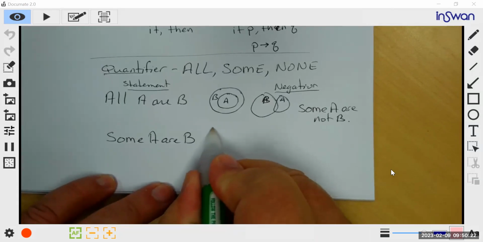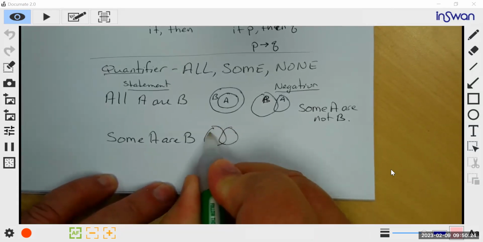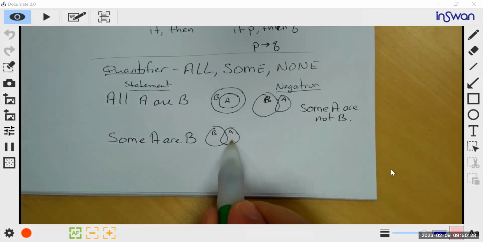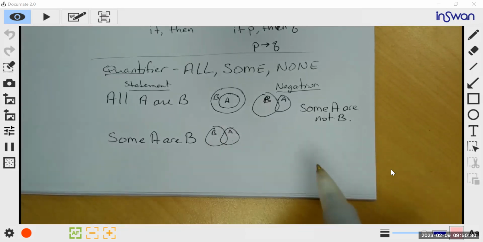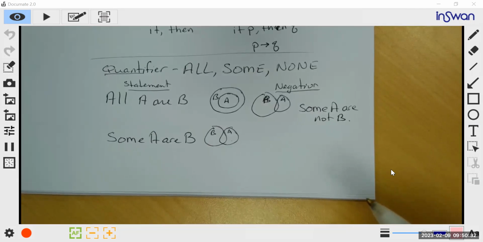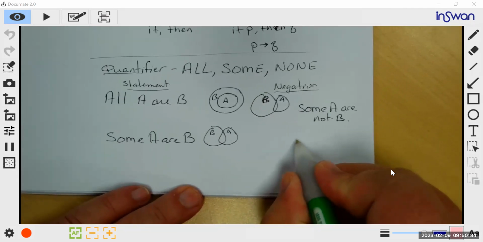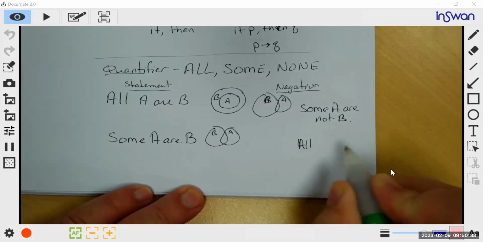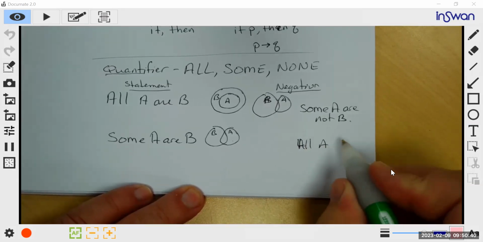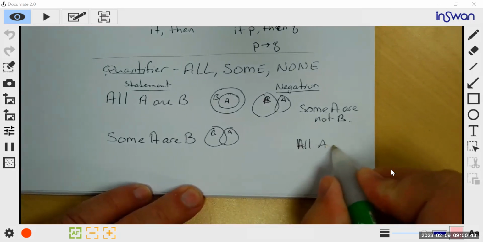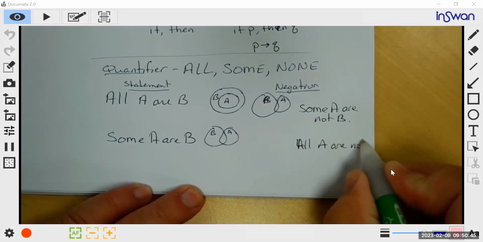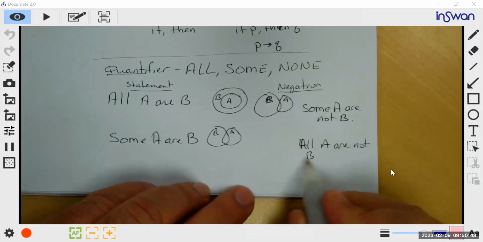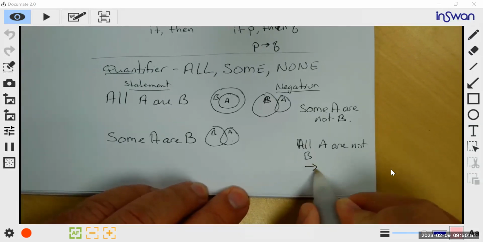Because what this one looks like is some A are B. What's the negation of it? Okay, now instead of saying all A are not B, what we can say is this.